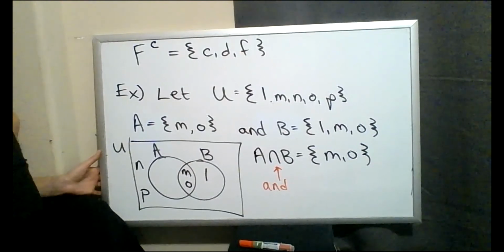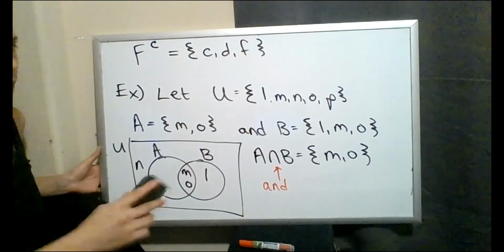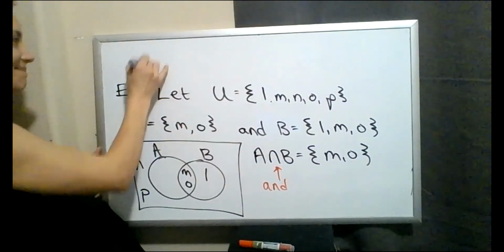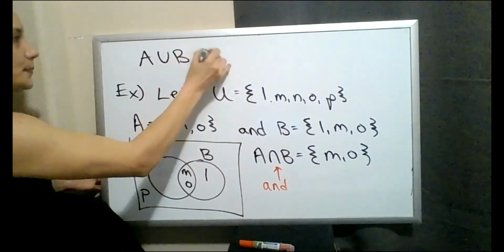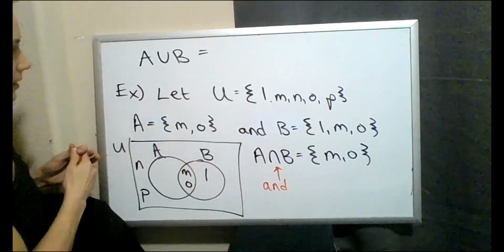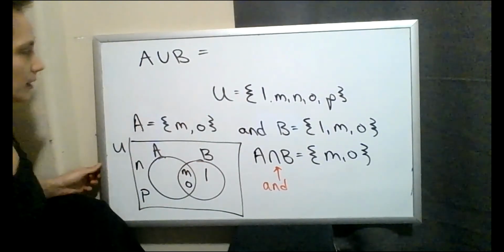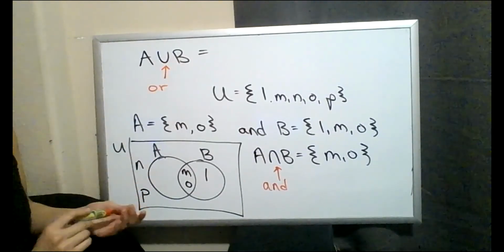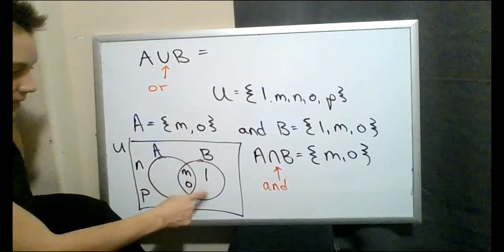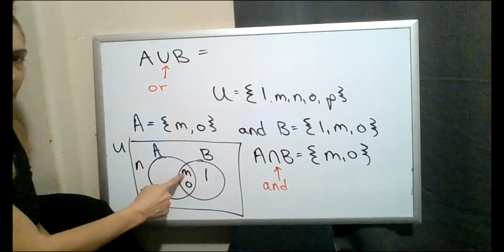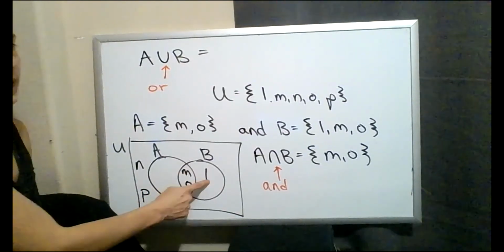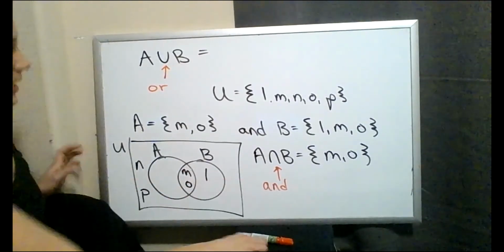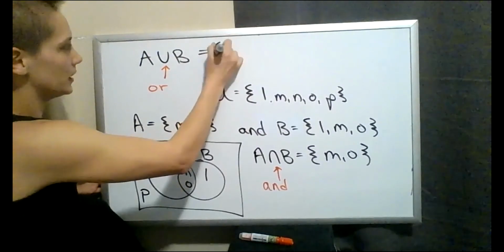If you want A union B, it's in A or B, or both, which is M, O, L, so L, M, O. Which happens to be the set B, but we're just going to write it out.